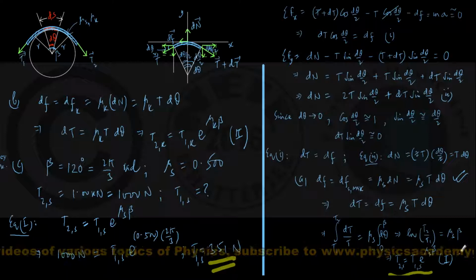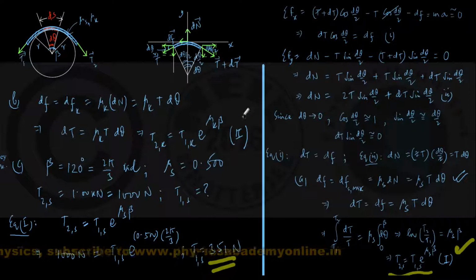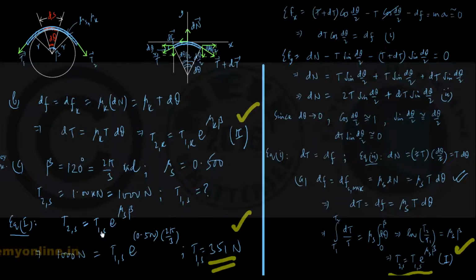We have got in part A the condition between T2 and T1 for the case when the string or rope is just about to slip on the pulley. Then we got the corresponding relation between T2 and T1 when the rope is actually slipping on the pulley. And in part C we got, with a minimum value of T1 of 351 Newton, a tension of 1000 Newton on the other end of the rope can be balanced. Here are the answers of all the parts of this lengthy question.